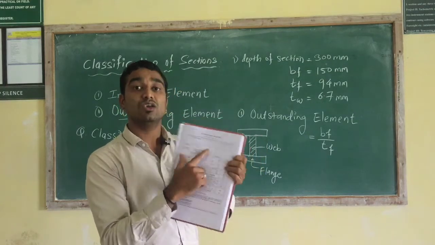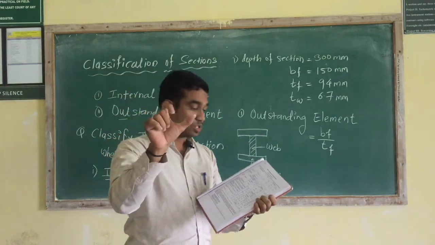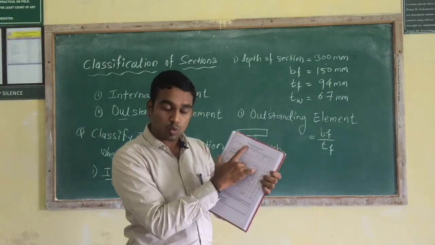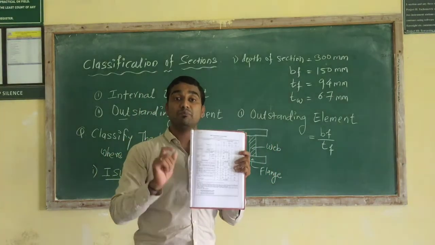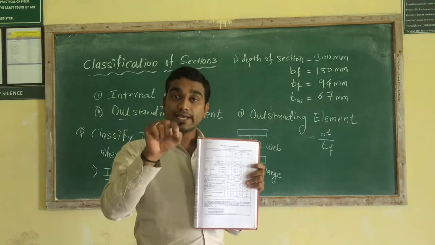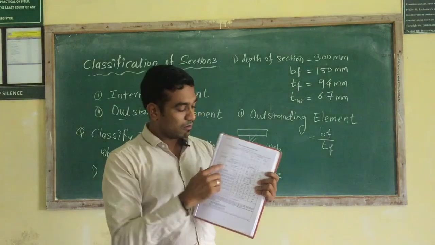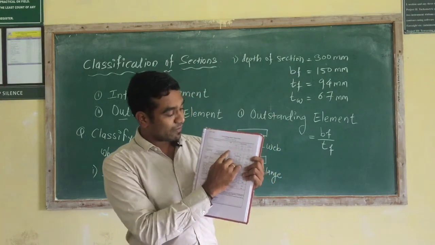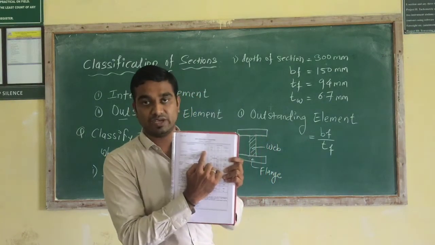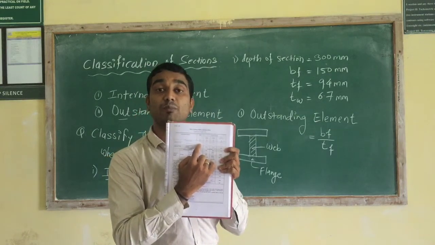Open your IS code and see table number 2, page number 18. There you can find the first point, outstanding element, and the ratio B upon TF.